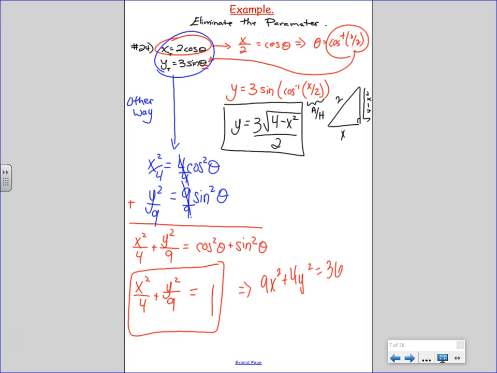We would subtract the 9x squared, divide by 4. We would plus or minus square root both sides. We could pull out a 9, which would square root to be 3, and we could square root the 4 to be 2.